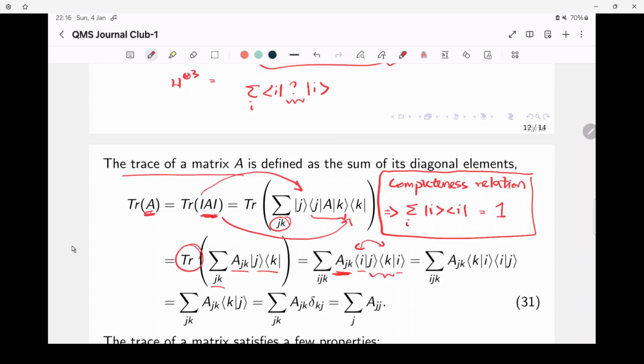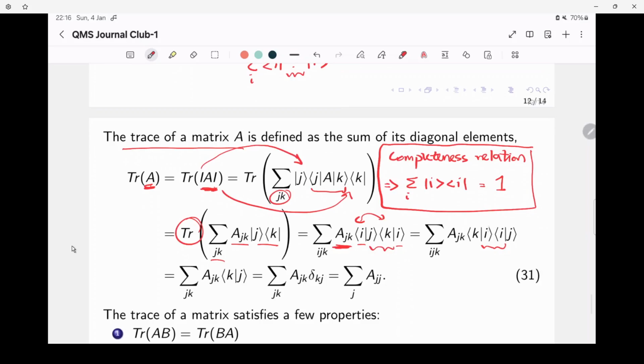Once you switch the position, you find that over here is basically your completeness relation again, right? So then you can just treat this whole thing, removing the i index, as your identity matrix, and you will get this inner product.